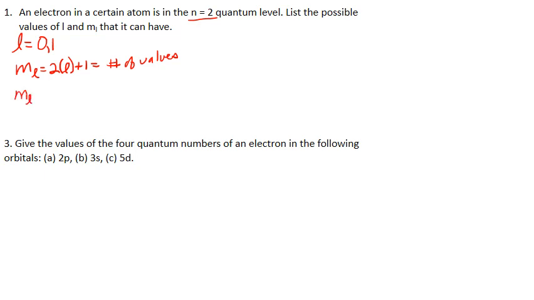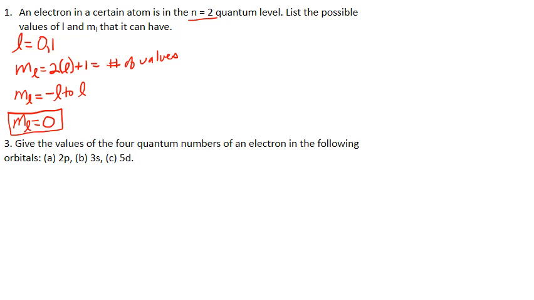And let's just keep in mind that m sub L values will always be from minus L to plus L. So if L is 0, then the only m sub L value that I can have corresponding to that would be from minus 0 to 0, or simply 0. So that's the possible m sub L value.